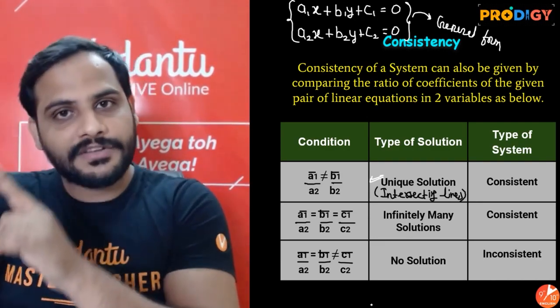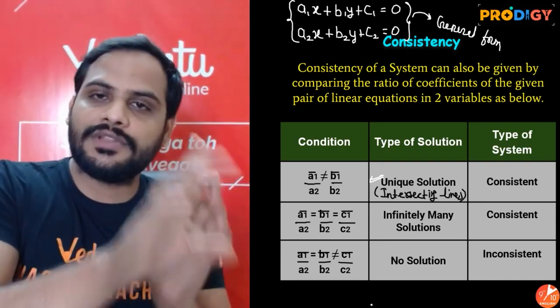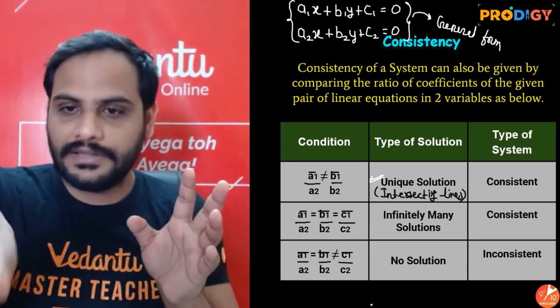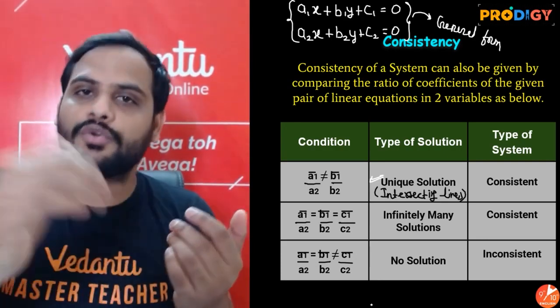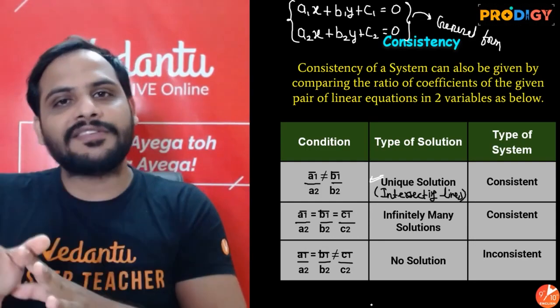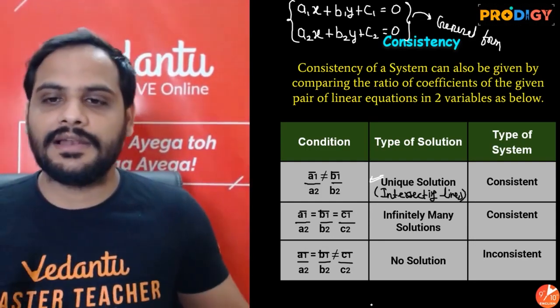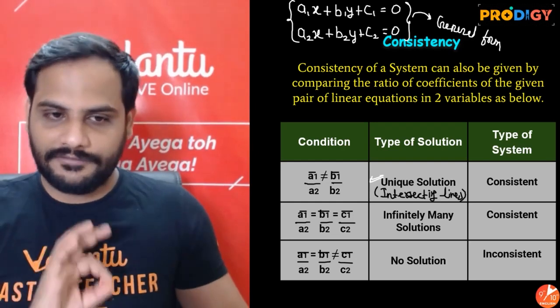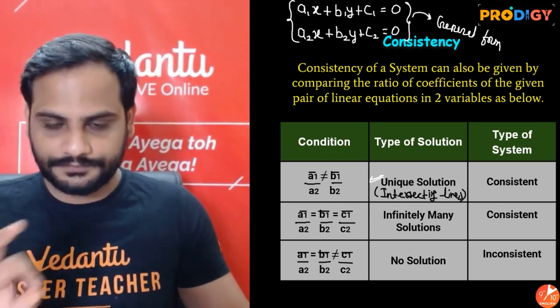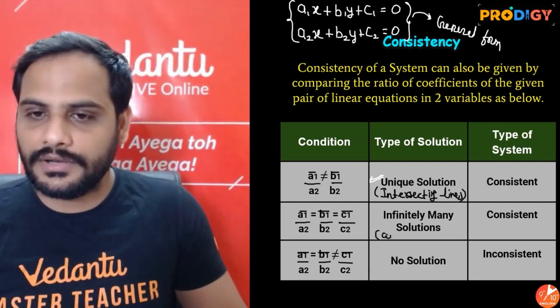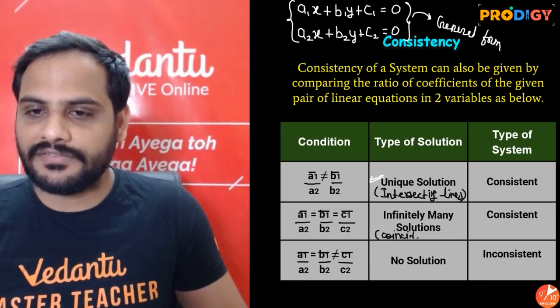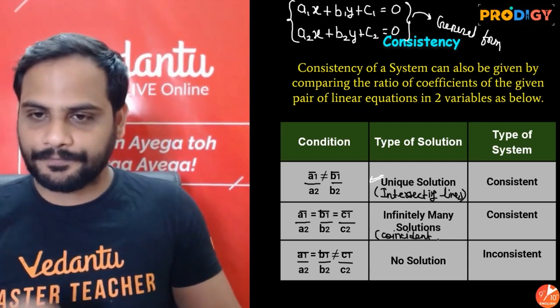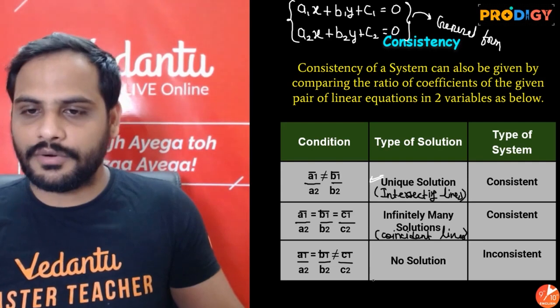So if the value of C1 by C2 is equal to the value of A1 by A2 and B1 by B2, infinitely many solutions or coincident lines, and if C1 by C2 is not equal to them, parallel lines. That is the logic. So if A1 by A2 and B1 by B2 are not equal, do not bother about C1 by C2's value. Okay?